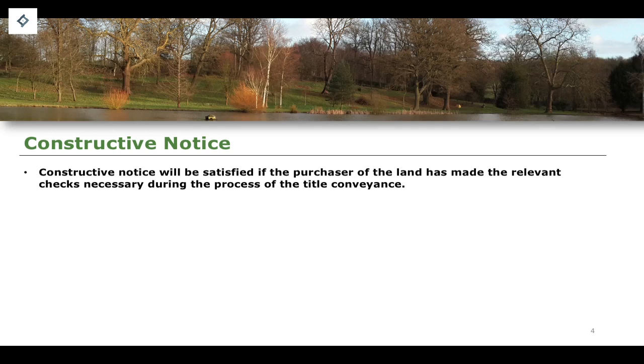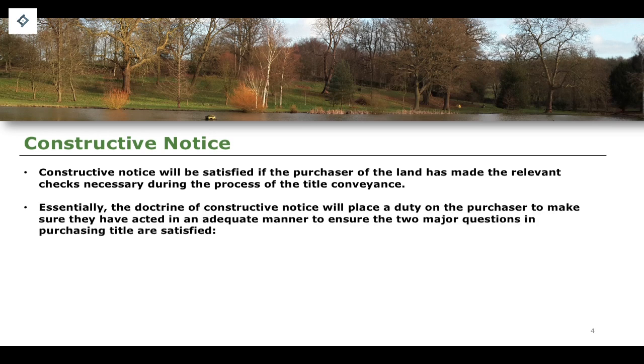So, whereas actual notice is, did this person actually get informed of the equitable interest? Constructive notice is, given the amount of money that is being passed over for the purchase of unregistered land, given how legally and logistically complicated it is to purchase land in any format, did the person who is purchasing land make the relevant checks to find out if there was an equitable interest or not?